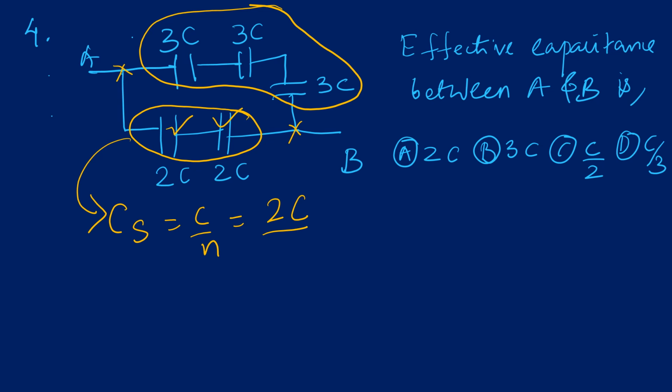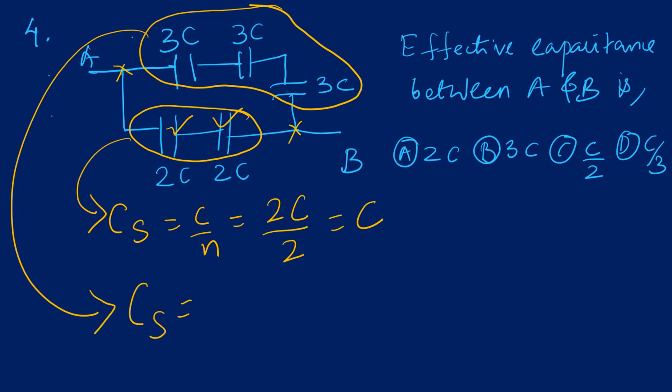There are two number of capacitors. So we will get C. Here for the other one also, equation is C by N. Here C is given as 3C, N is 3, because 3 number of capacitors are there. So you will get C.